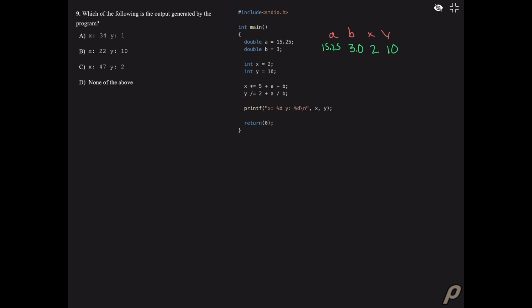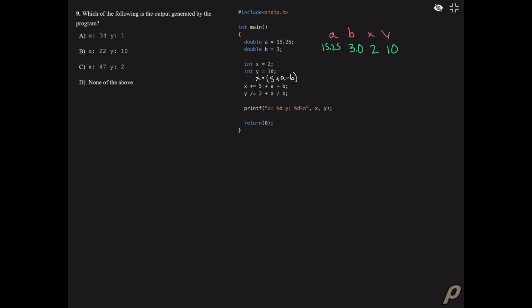Okay, so now we have our first times equals and divide equals. These operate in the same way that plus equals and minus equals work, in that this will just be x times, and then we got to remember this will all be in parentheses, 5 plus a minus b, like that. That's an important thing to remember, that there's technically going to be parentheses around both of these arguments when you actually do these calculations.